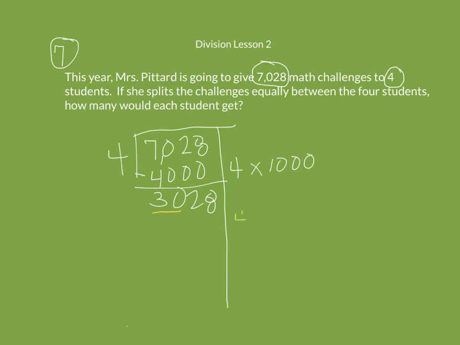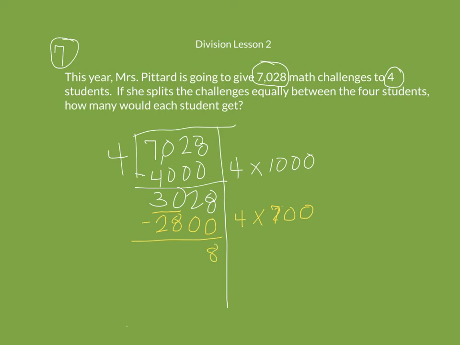So I would have 4 groups of 700, because 4 times 7 is 28. So 4 times 7, 4 times 0 ones, 4 times 0 tens, and 4 times 7 hundreds is 2,800.